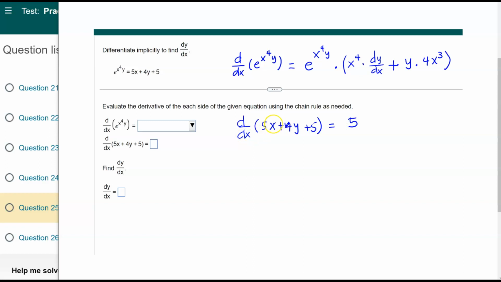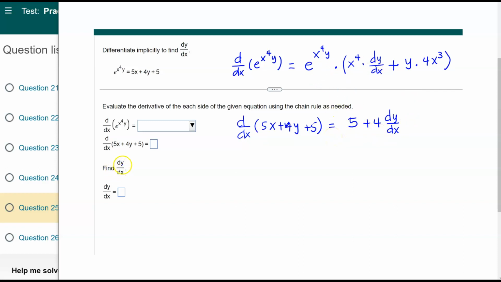The derivative of x with respect to x is 1. Then for 4y, you have 4 times the derivative of y with respect to x, and that is dy dx. Then you differentiate 5 with respect to x, and that is 0. Okay, so now this is your equation.